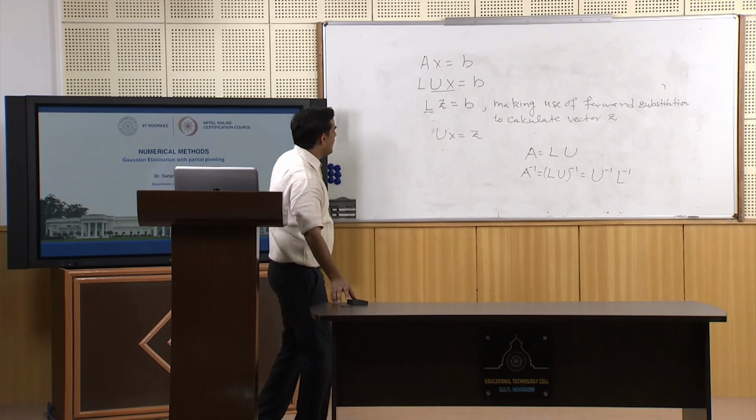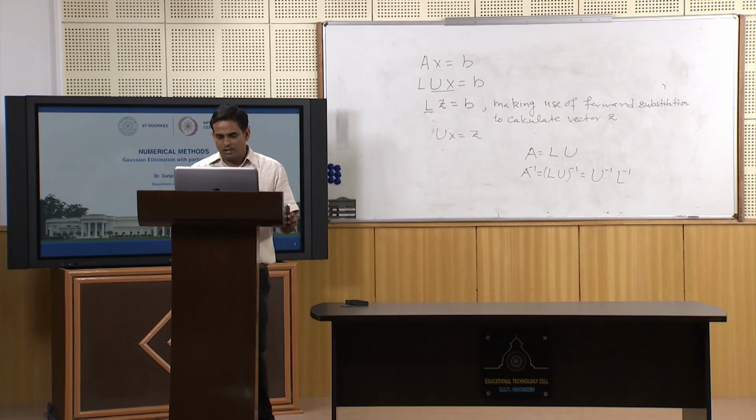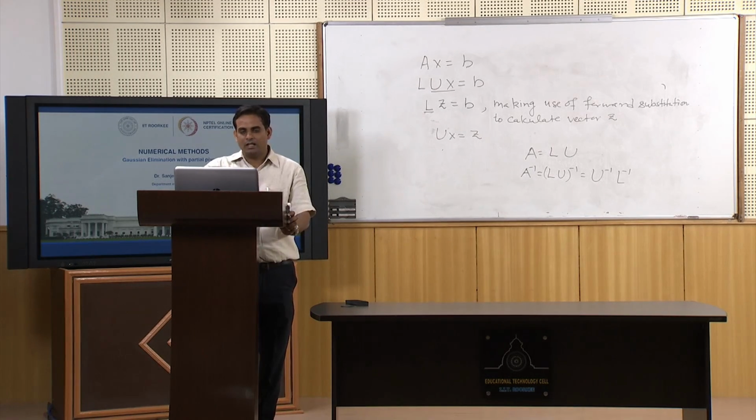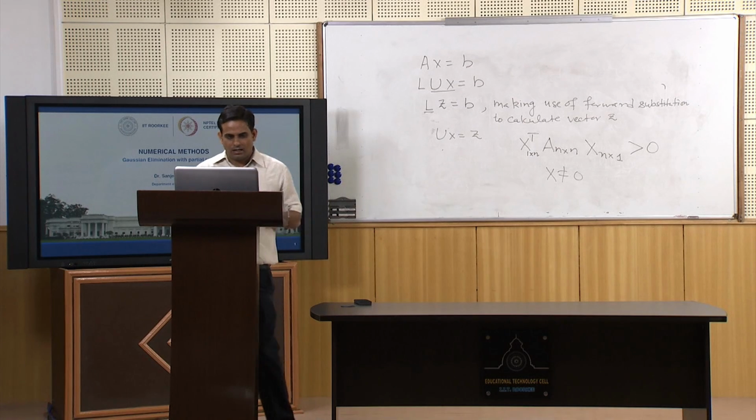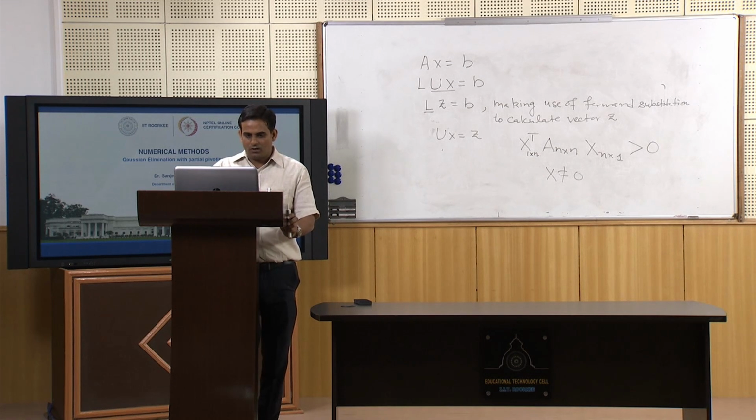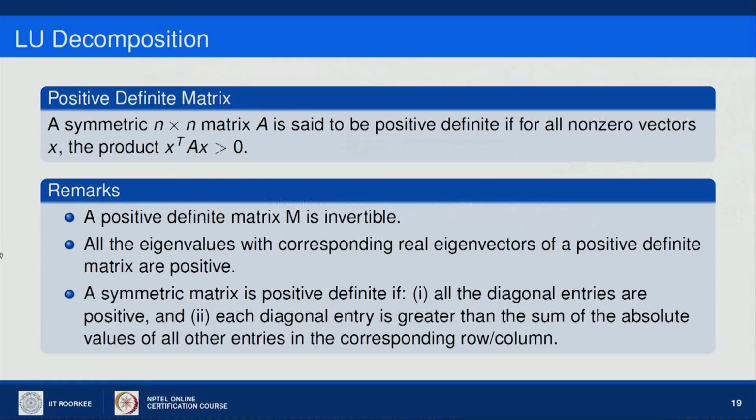Now, what do we mean by a positive definite matrix? A symmetric n by n matrix A is said to be positive definite if, for a non-zero vector x, the product x transpose A x comes out positive. There are some other properties of a positive definite matrix.